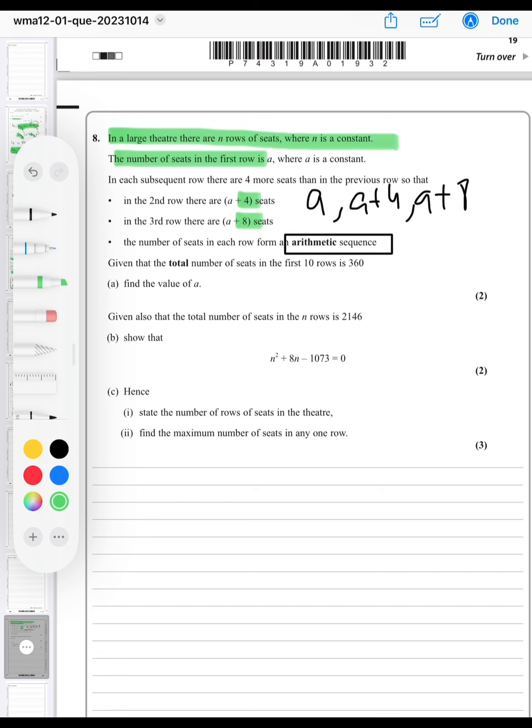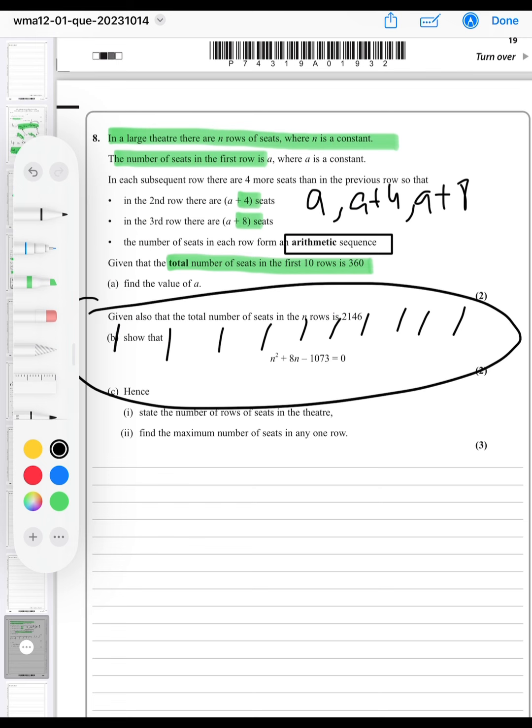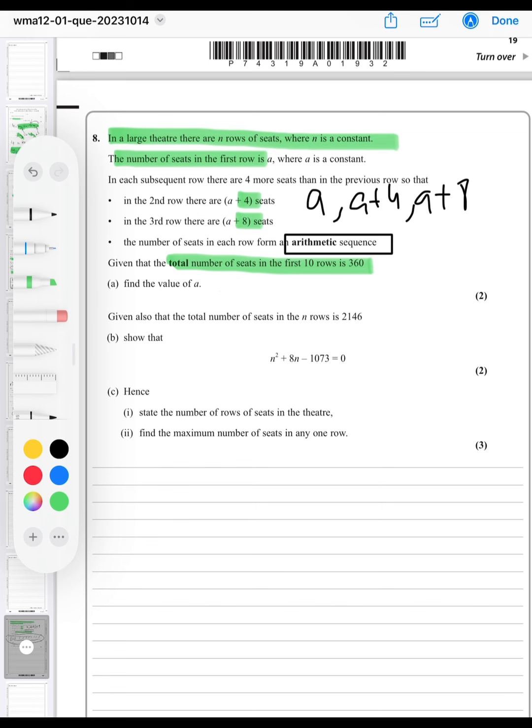Then they say that given the total number of seats in the first 10 rows, like 1 2 3 4 5 6 7 8 9 10, it means they are adding them. So they are referring to the sum of an arithmetic sequence.